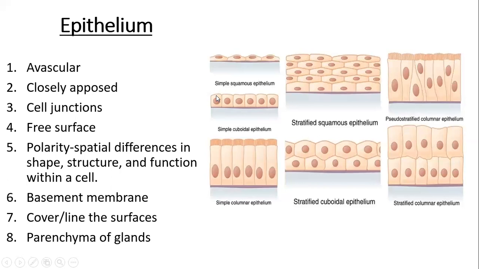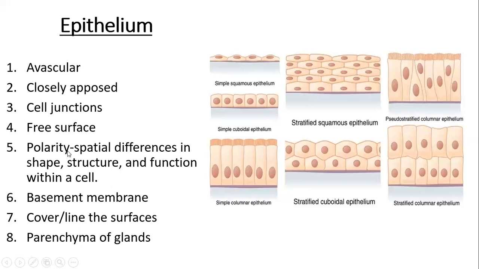When combined in a single layer or multiple layers of the epithelium, the apical surfaces of these cells form a free surface, because this surface of the epithelial cell is not attached or resting on another structure, unlike the inferior surface, which rests on the basement membrane.